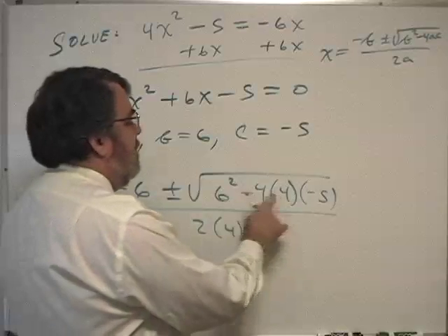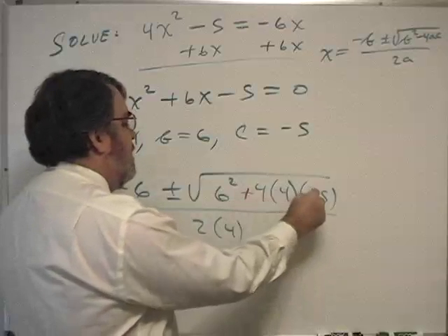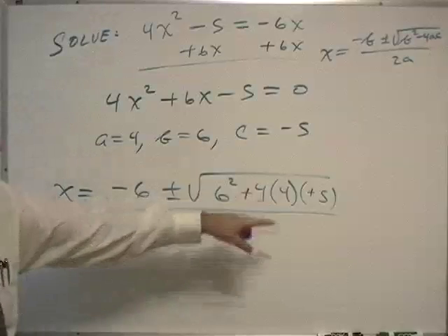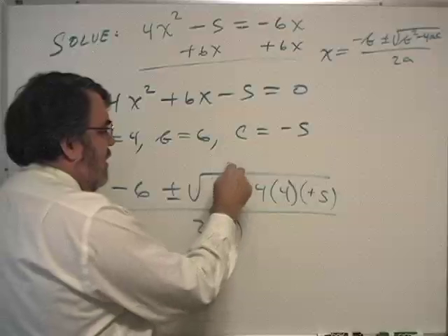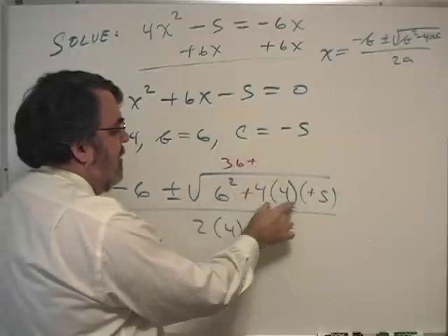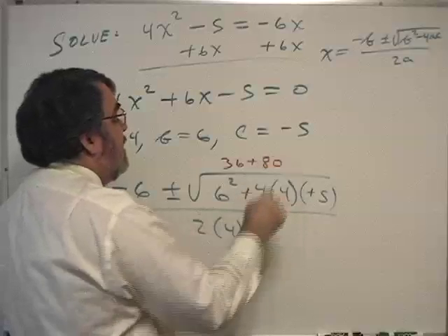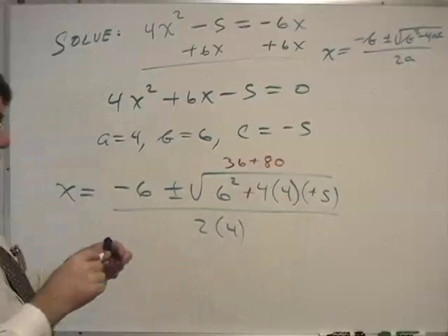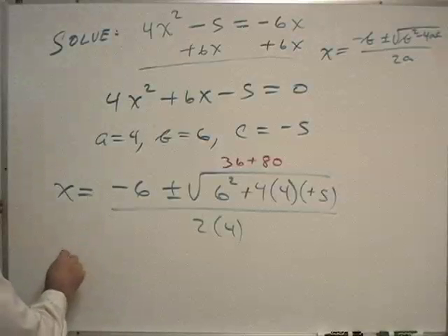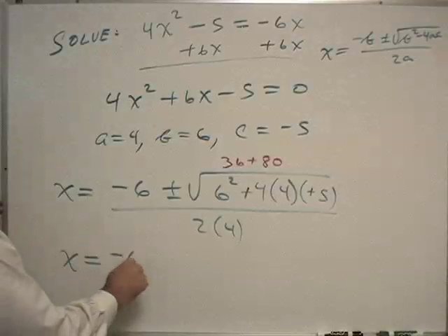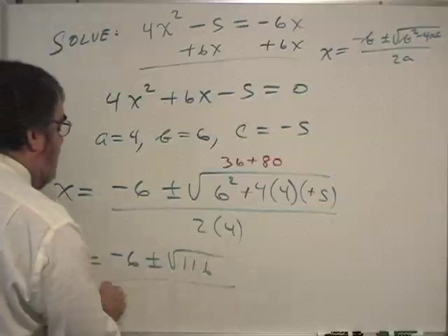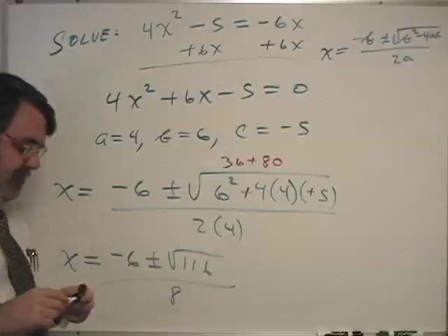Minus and the negative will make everything a plus there. So under the square root, 6 squared is 36 plus, and here we've got 80. 36 plus 80, which is 116. So we can write out our tentative answer. x is negative 6 plus or minus the square root of 116 divided by 8.